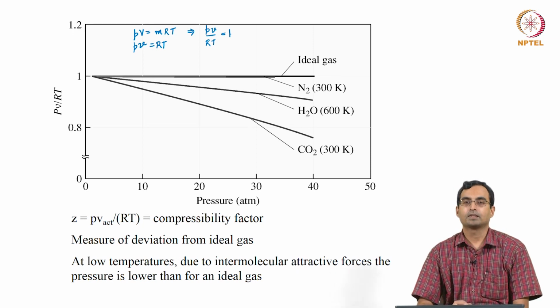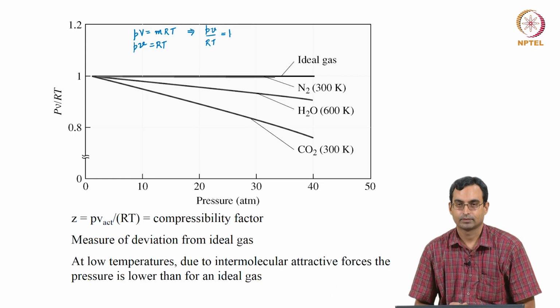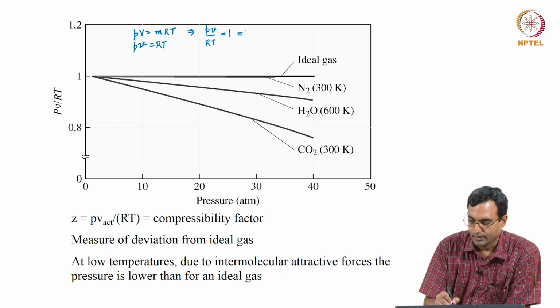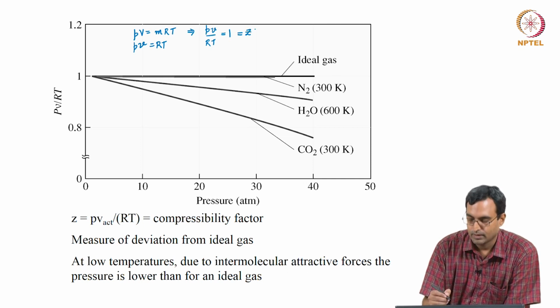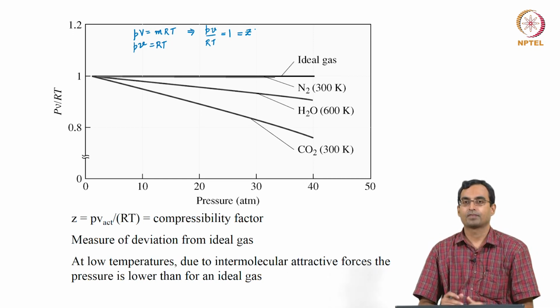So, for an ideal gas, because Pv is RT, we expect Pv by RT to be equal to 1. This Pv by RT is what we call Z, the compressibility factor. And this compressibility factor has a value of 1 for an ideal gas from the equation of state.